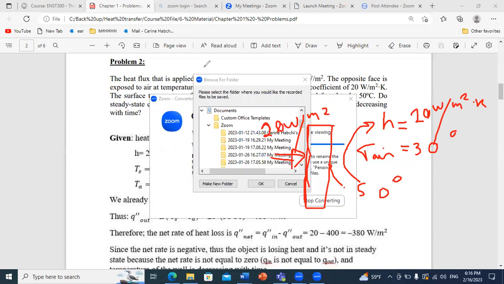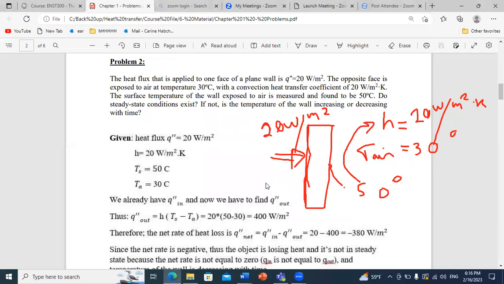Now, the question is to know if we have transient variation of temperature within the wall. So we want to know if the temperature is increasing, decreasing with time, or if we have a steady state profile of temperature. If you have such a question, what is the best thing to do first?